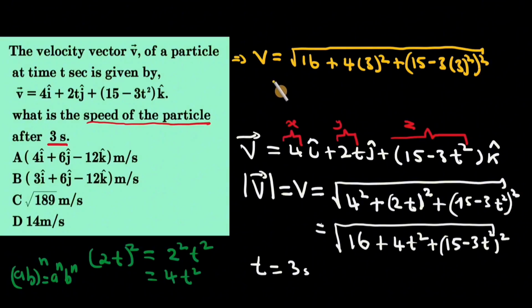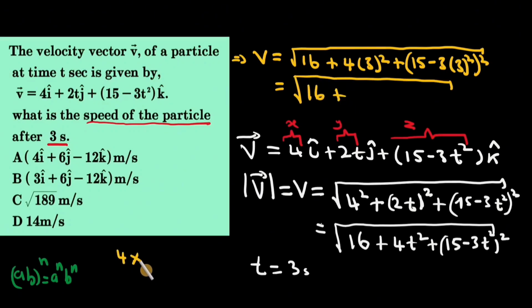Now I need to simplify what is under the square root. That is the square root of 16 plus 4 times 3 squared, which is the same as 3 times 3. So I'm going to have 4 times 3 is 12. 12 times 3 is 36, plus 15 minus 3 times 3 times 3.